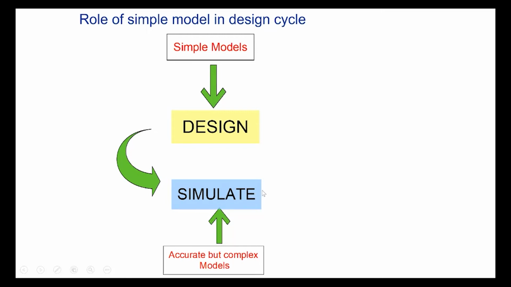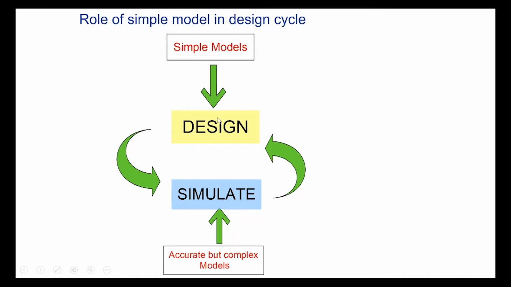And once we simulate the circuit, we may find that the result is not what we want. And therefore, we may go back and tinker with the design here. We may modify some component, increase the value of R1 or reduce the value of R2, and then simulate it again. And then check whether we are happy with the result that we get.